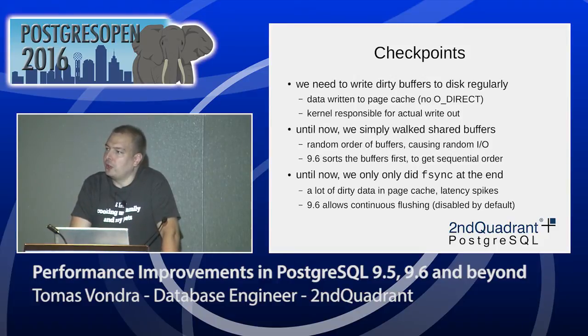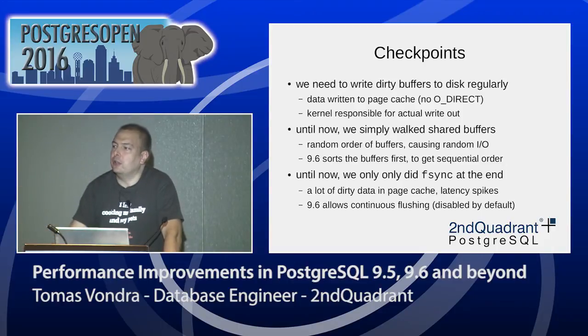So we first sort the data before writing it to the operating system. Hopefully, the operating system will be happier with that, and the disk's storage will handle that more nicely.